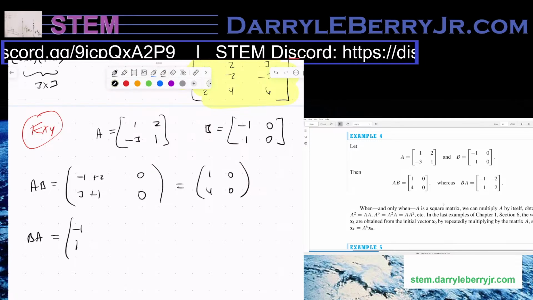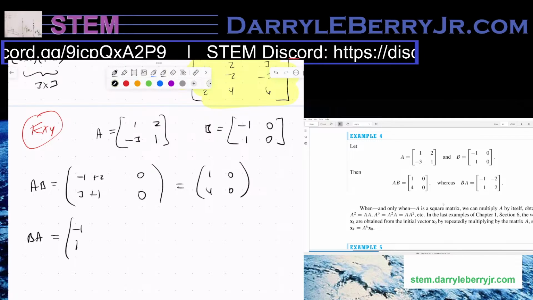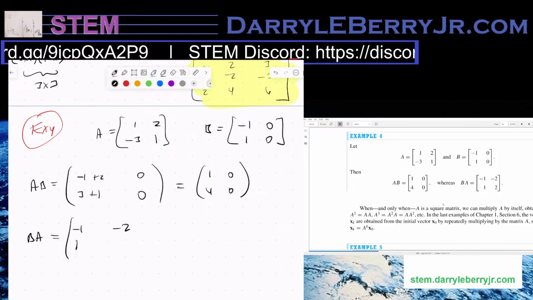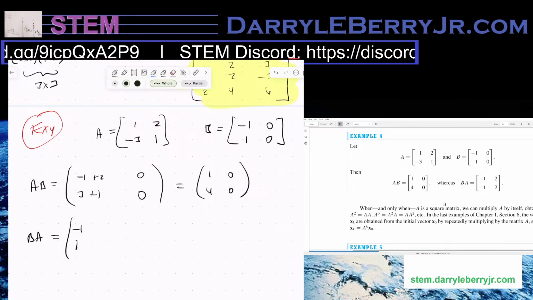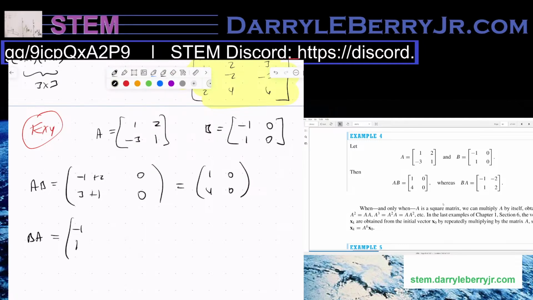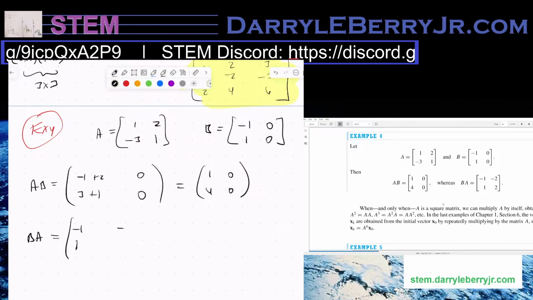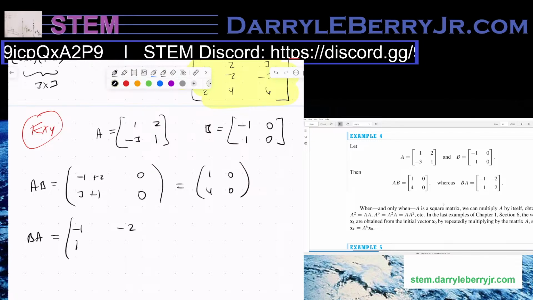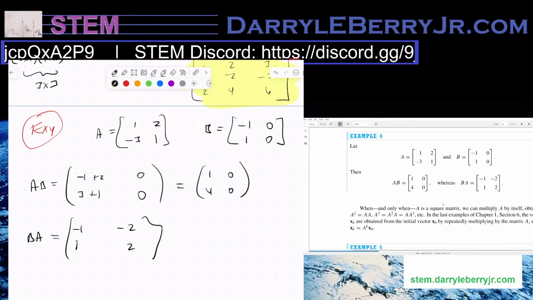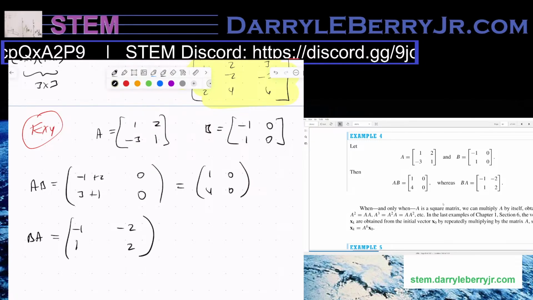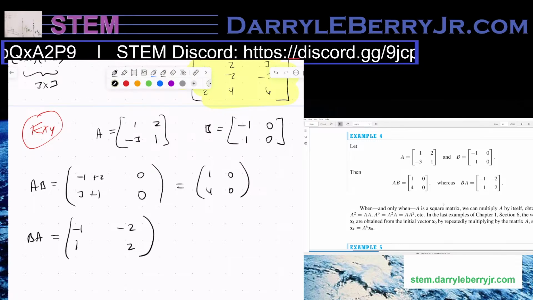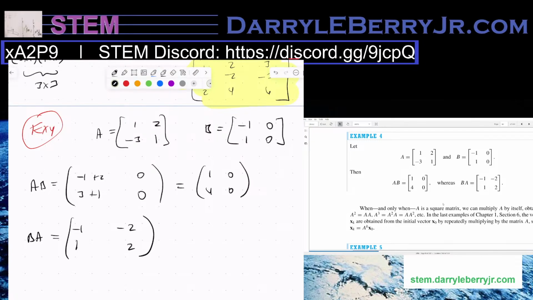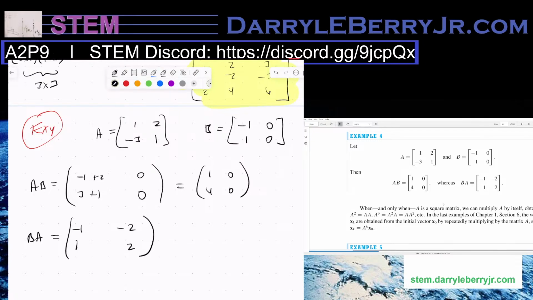And then we have negative 2, negative 2, 0, and 2, 0. All right, so that was pretty difficult doing it written down in the wrong direction, but it's doable.